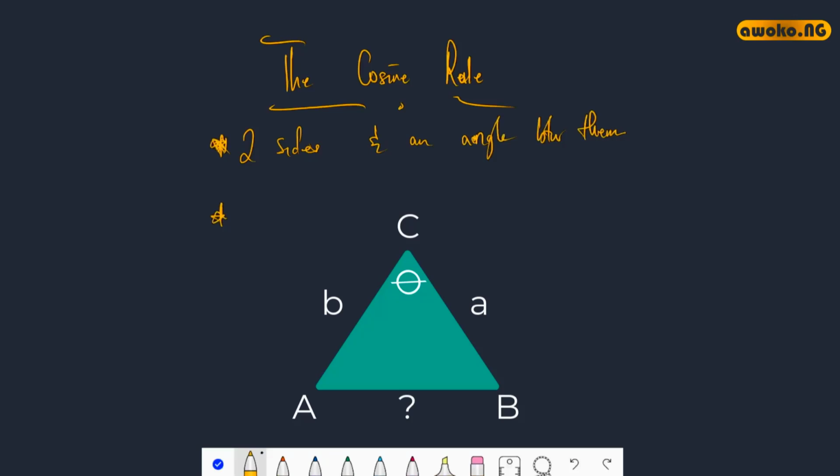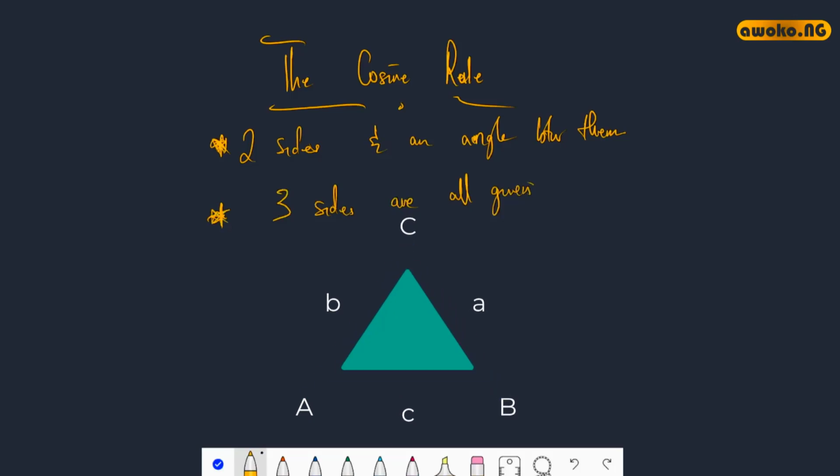And the second application of the cosine rule is when the three sides are all given. So when we are faced with this kind of problem, then we would resort to the cosine rule.